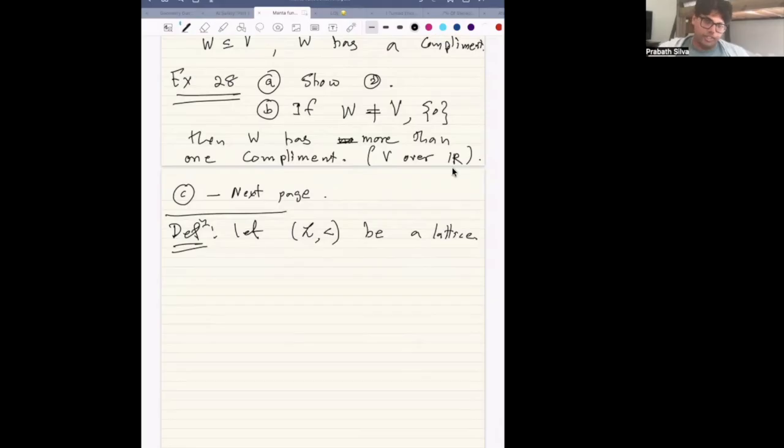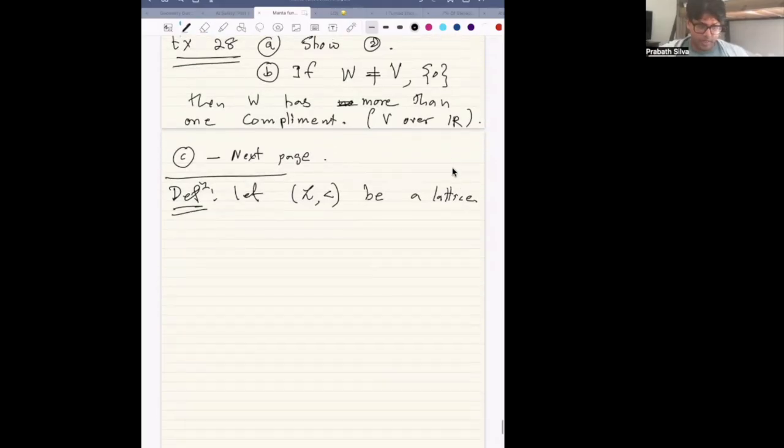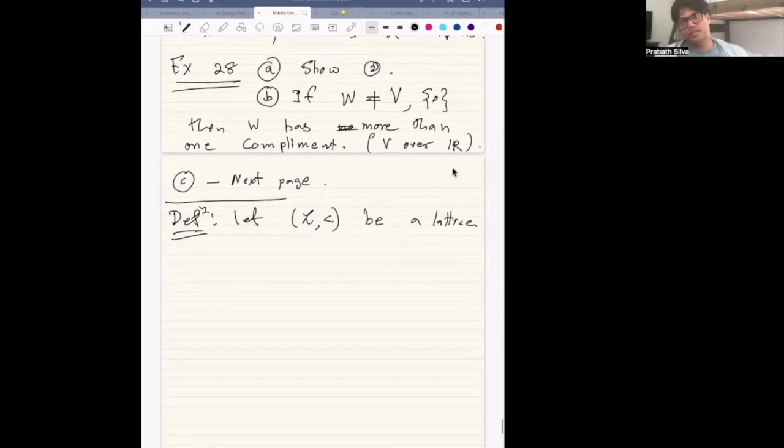Let's assume the lattice condition from now on, because that means the join and meet exist for finite elements.